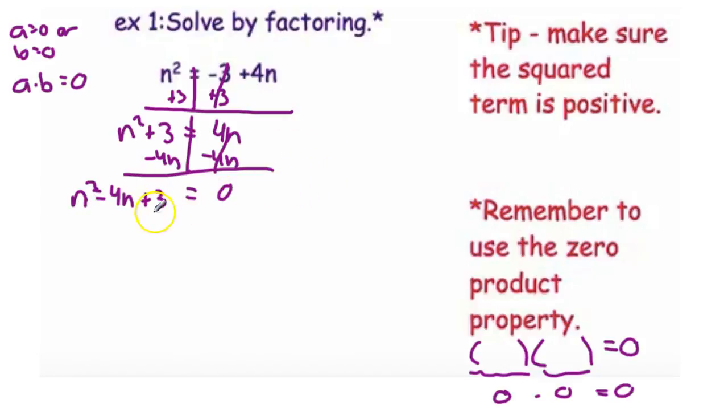Now I need to do the Australian method. So I'm going to have two parentheses. I look at the first term, right? In front of this n squared is a 1, so like 1n. That means there's going to be 1n here, 1n there, so I can just write n times n.